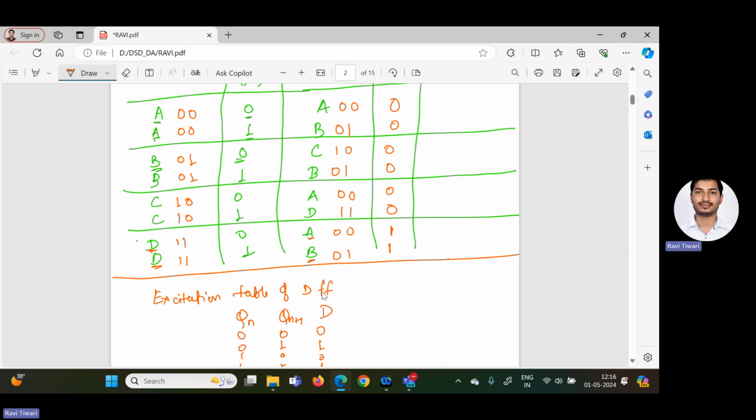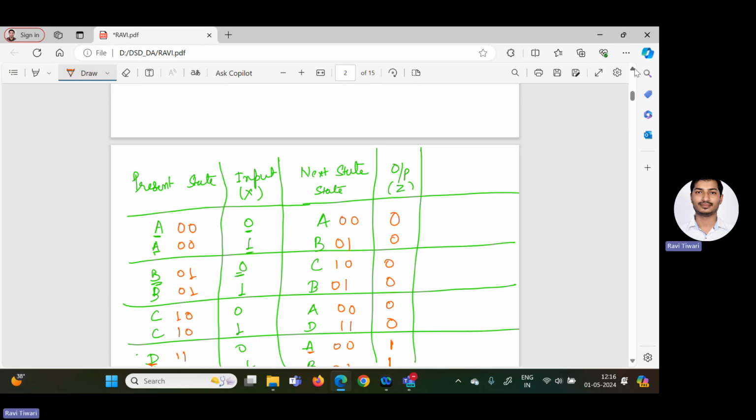The good thing if you are using D flip-flop is what? Whatever will be the next state, it is similar to that of D, right? So here I am considering this is Q1 and this is Q0, for example. So the next state will be represented as Q1 plus 1 and Q0 plus 1. This is the present state and this is the next state.